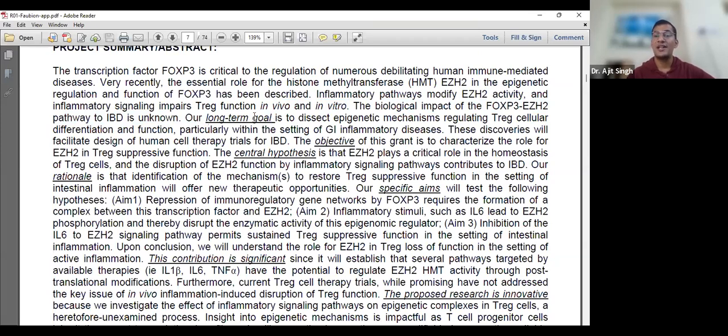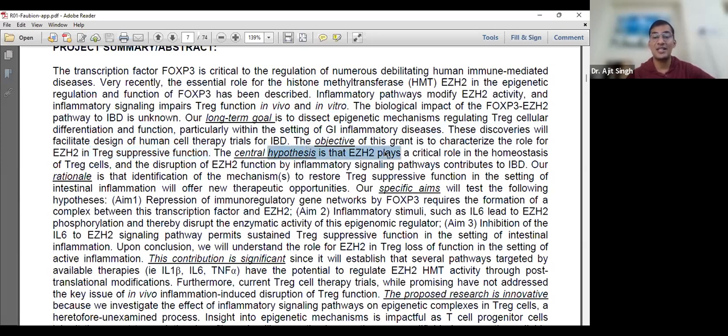Long-term goal is to dissect epigenetic mechanisms regulating Treg cellular differentiation and function, particularly within the setting of GI inflammatory diseases. The objective of this grant is to characterize the role of EZH2 in Treg suppressing functions.